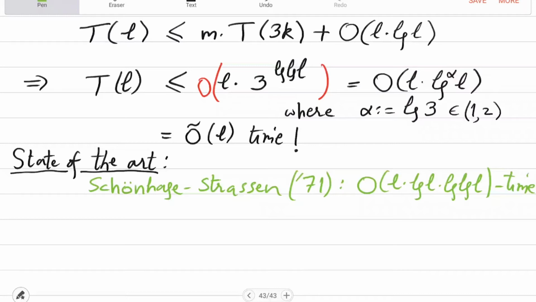Then it was improved in a big way after several decades by Fürer. So Martin Fürer gave L times log L times 2 raised to log star L.